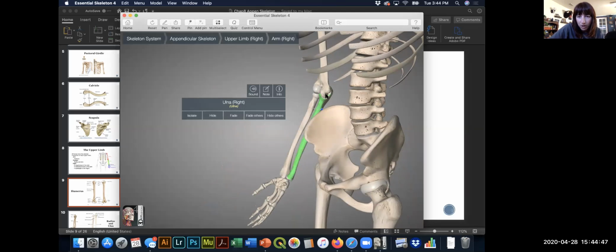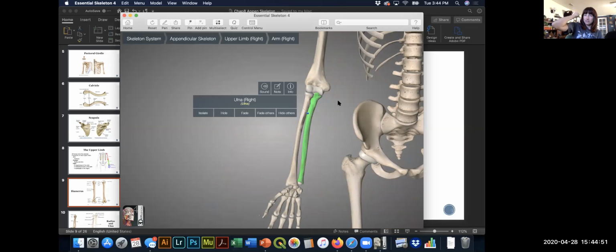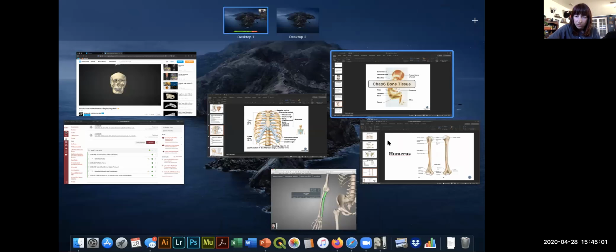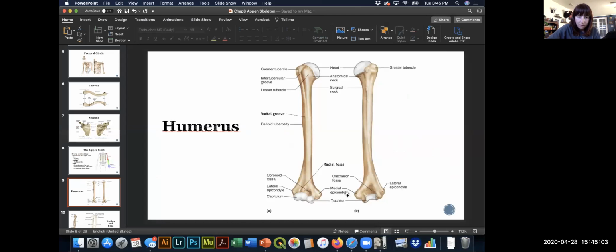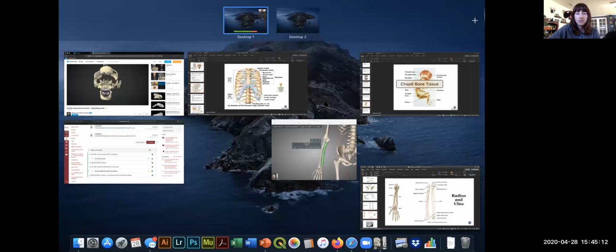It's wrapping all the way around that trochlea. So when you flex the arm all the way up like this, this little part of the ulna is going to fit snugly right into this little coronoid process right there, okay? The radius and ulna are so much fun.